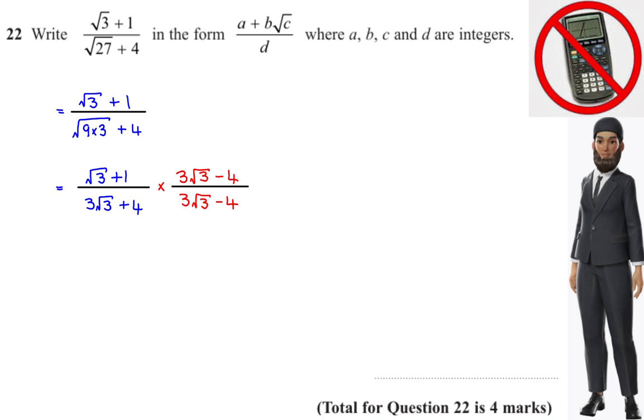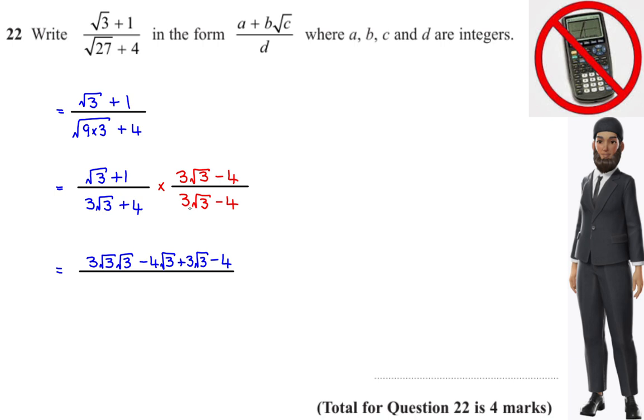So what will that give us then? Let's move on. We should end up with root 3 times 3 root 3, which gives us 3 lots of root 3 multiplied by root 3. Then you get minus 4 lots of root 3, plus 1 times 3, which is 3 lots of root 3, and then take away 4.